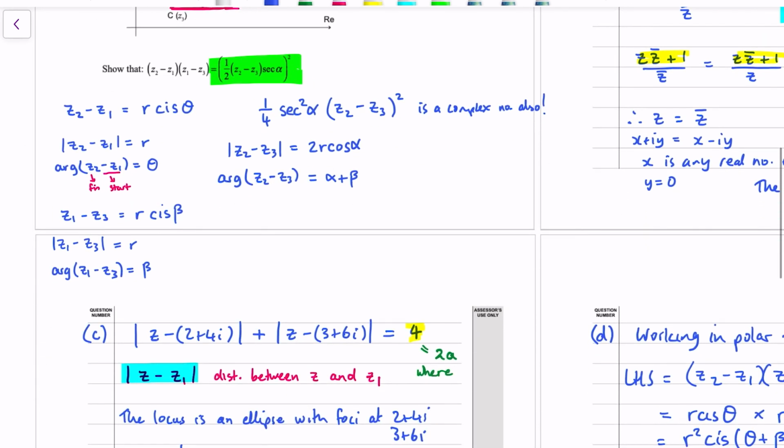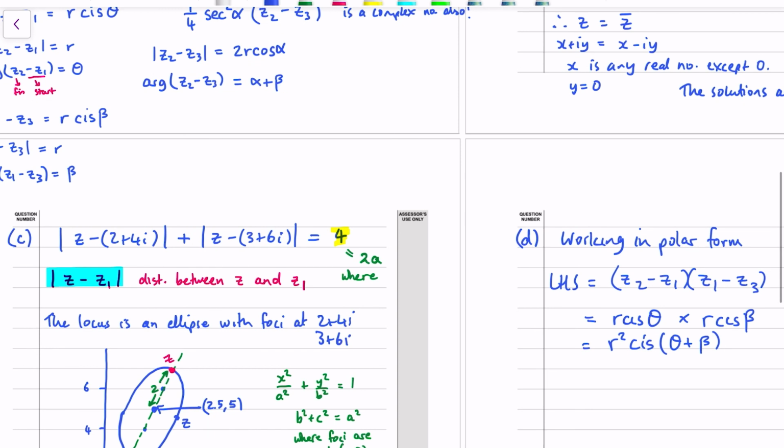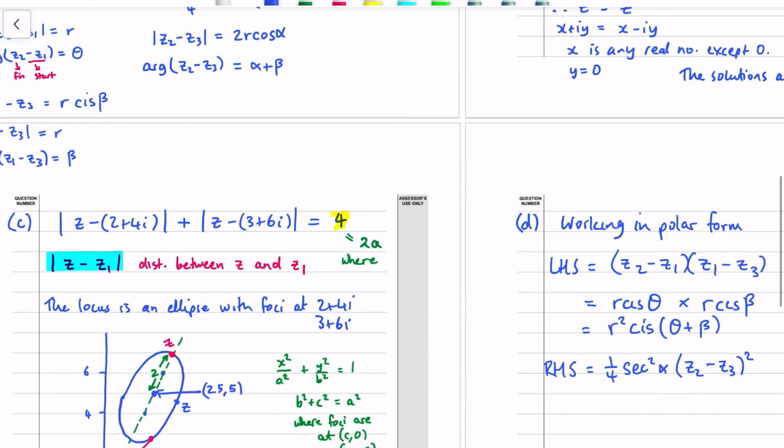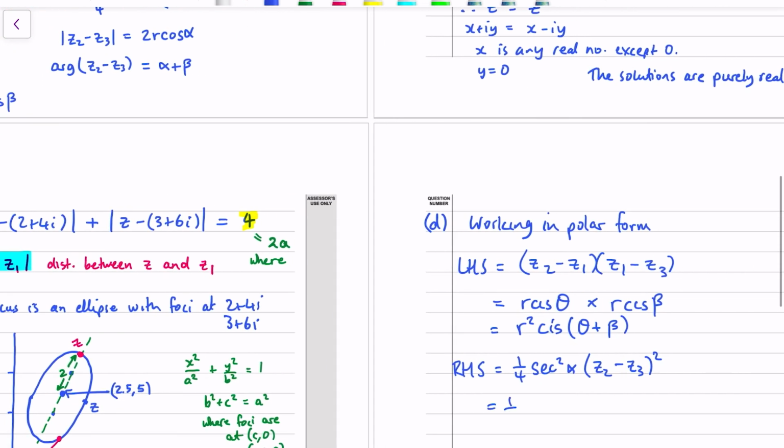Okay, so my right hand side of this expression, which equals a quarter sec squared alpha times Z2 minus Z3 all squared. I know that complex number Z2 minus Z3, I can write it in polar form. As its modulus is 2R cos alpha, cis, its angle is alpha plus beta, and we need to square that.